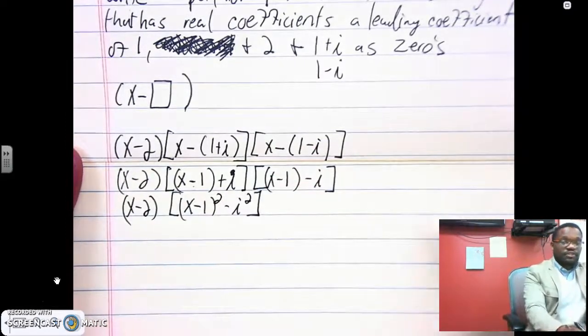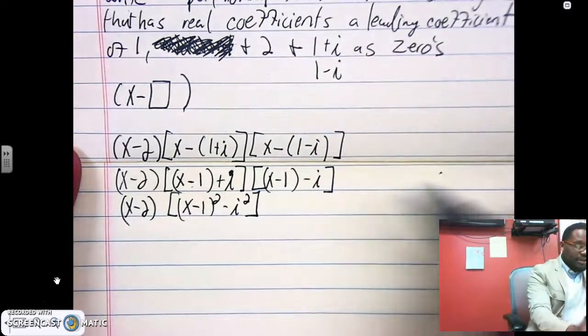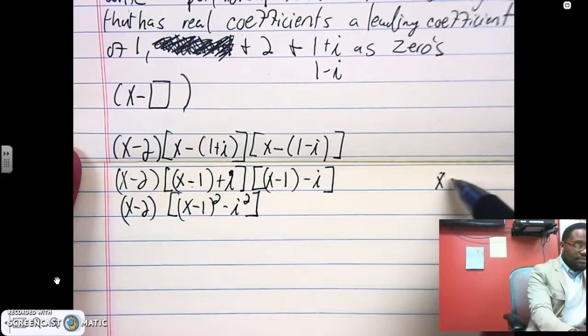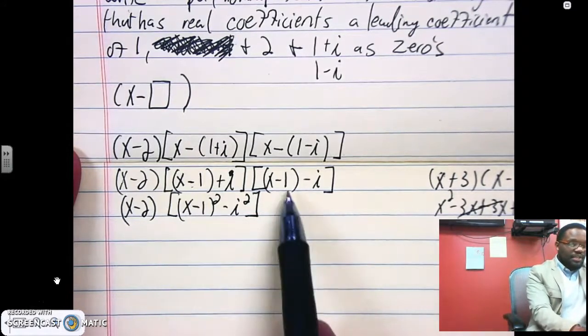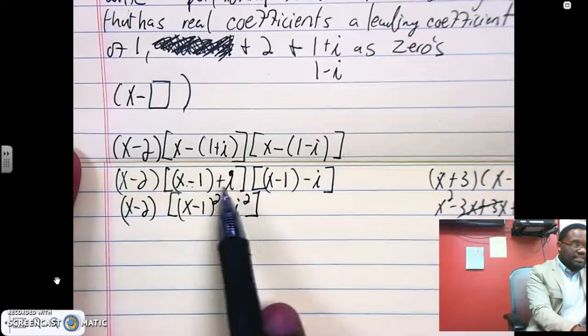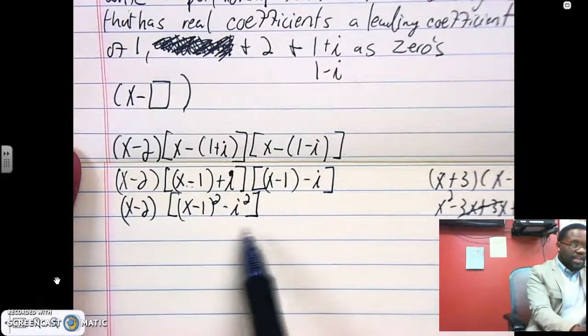If you don't understand what I just did, imagine this being x plus 3 times x minus 3. When you FOIL that, you'll get x squared minus 3x plus 3x minus 9. What happens to those two middle terms? They cancel out. So that's what happened here. This is like your x and this is like your 3. The middle terms will cancel out.